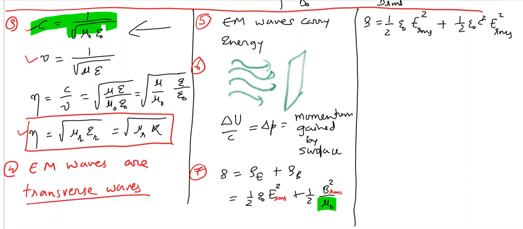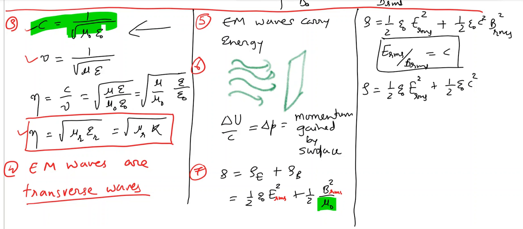Sorry, it is B RMS square. Now we know that E RMS by B RMS is nothing but velocity of light c. So I can replace B RMS with E RMS by c, and then this equation will be half epsilon 0 E RMS square plus half epsilon 0 c square times E RMS square by c square.